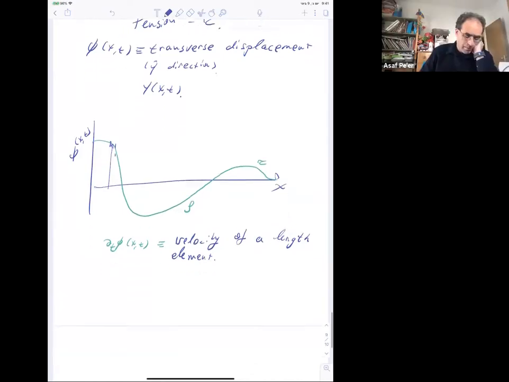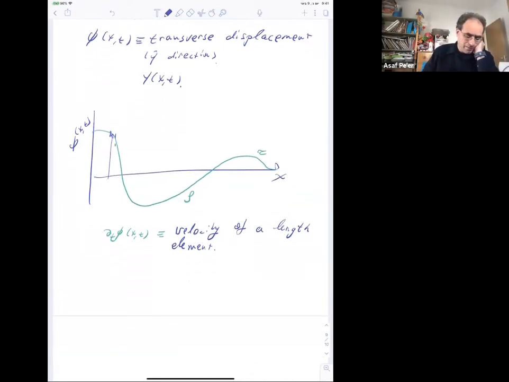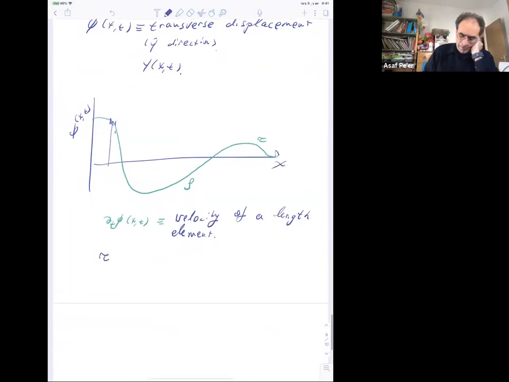Now tau is the tension. So tau dx phi is just tau tangent theta, where theta is the angle from the x-axis.